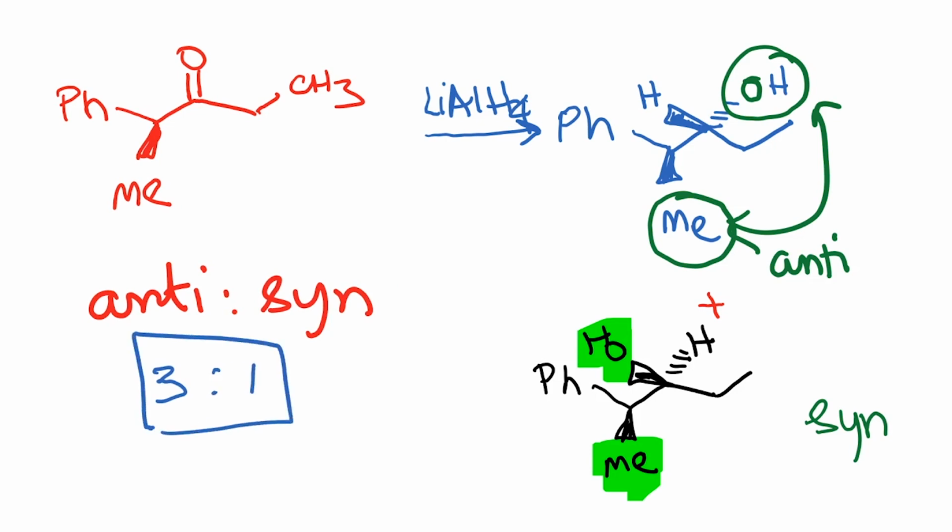This observation is very interesting because as the chiral center moves closer to the carbonyl, it seems to have an impact on the outcome of the reaction. In order to explain this, we need to first understand certain concepts. So we will take this up in the next lecture.